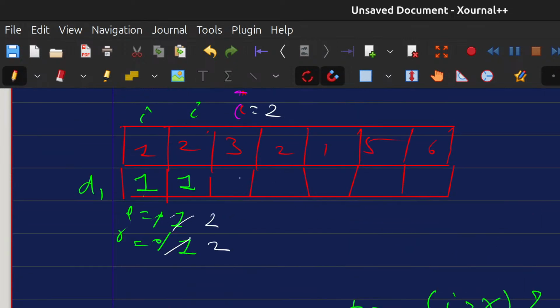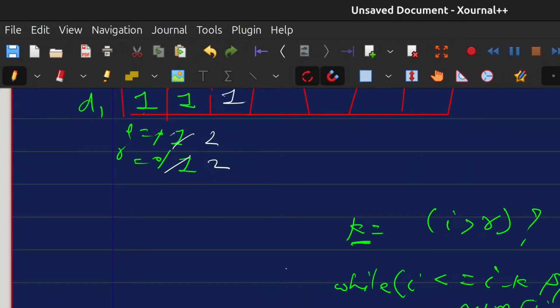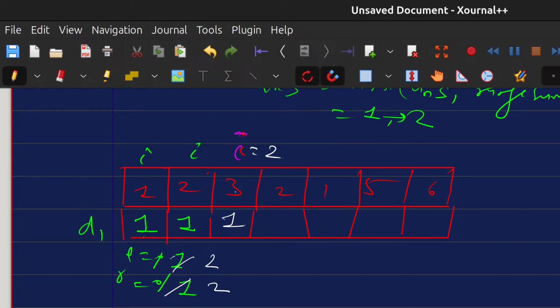D of I is 1, and the sum now will become 3. Then I comes here.